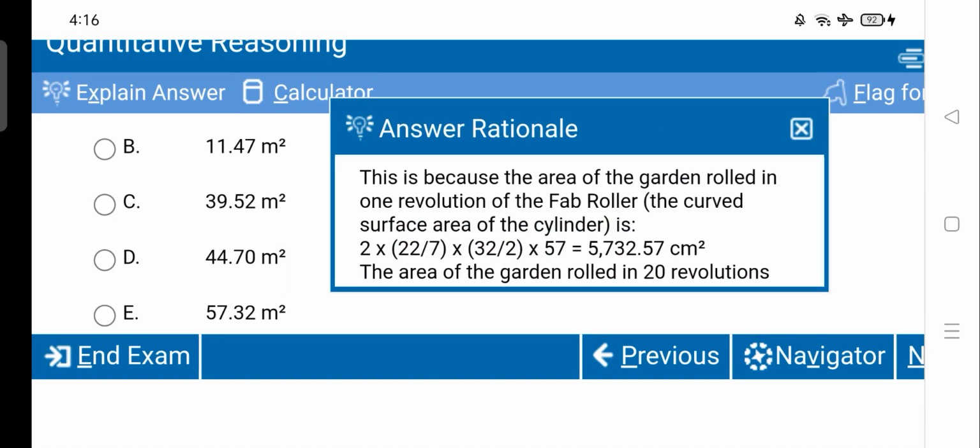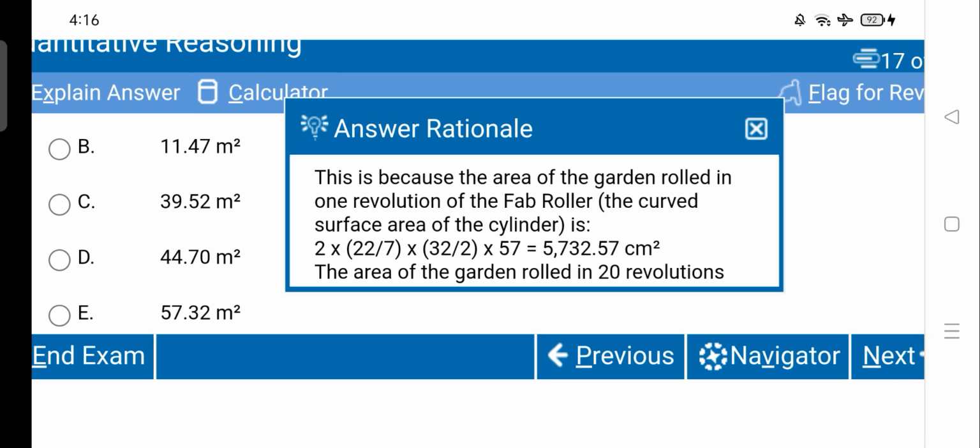This is because the area of the garden rolled in one revolution of the Fab roller, that is the curved surface area of the cylinder, is 2 into 22 divided by 7 multiplied by 32 divided by 2 multiplied by 57 equals 5732.57 centimeters squared.